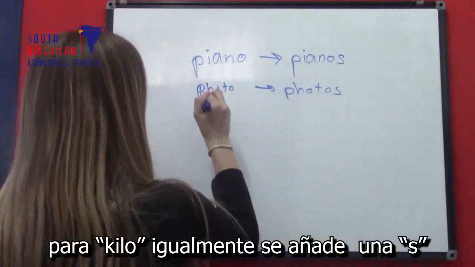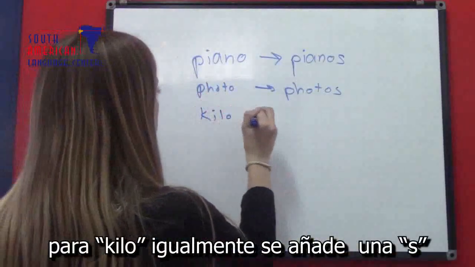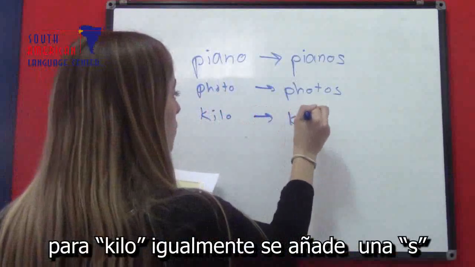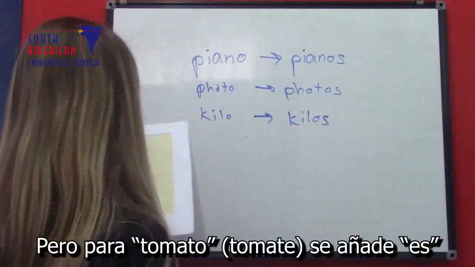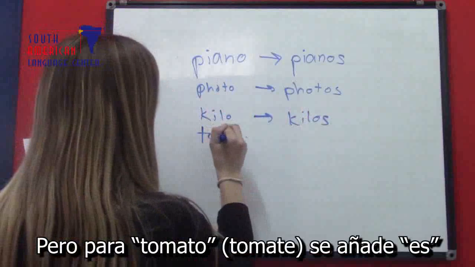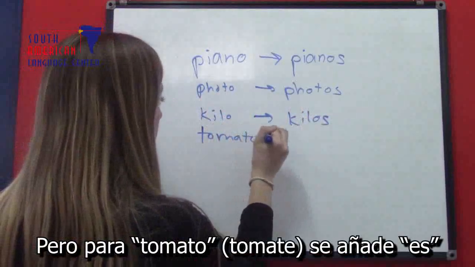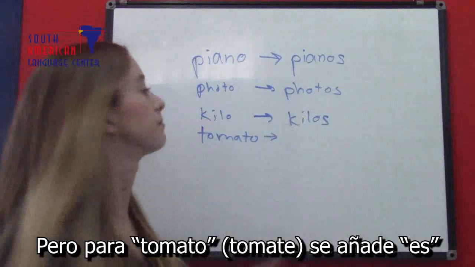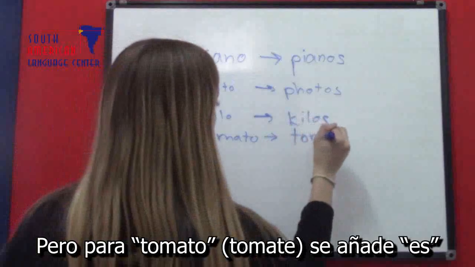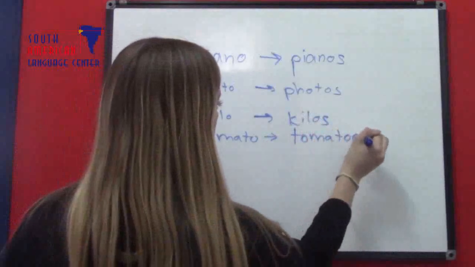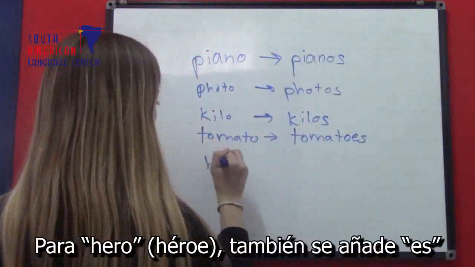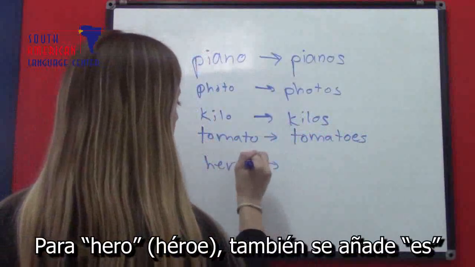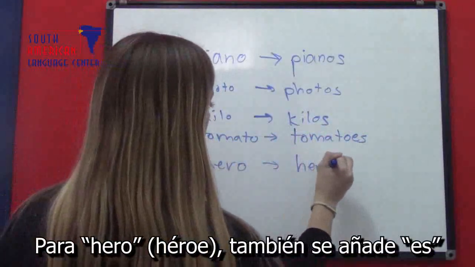For kilo, you also add an S, but for tomato, you add an ES. For hero, you also add an ES.